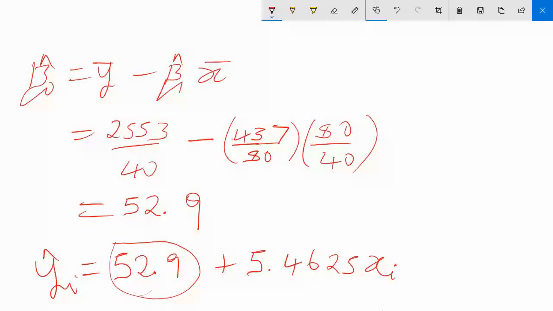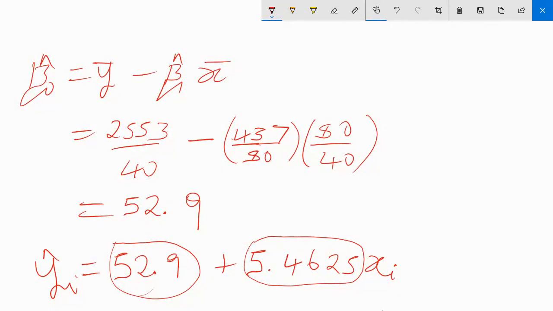And what is the meaning of this, 5.4625? Can you come again, sir? On the mean, 52.9. 52.9 is the value of y when x is equal to 0, but we want the meaning of that.